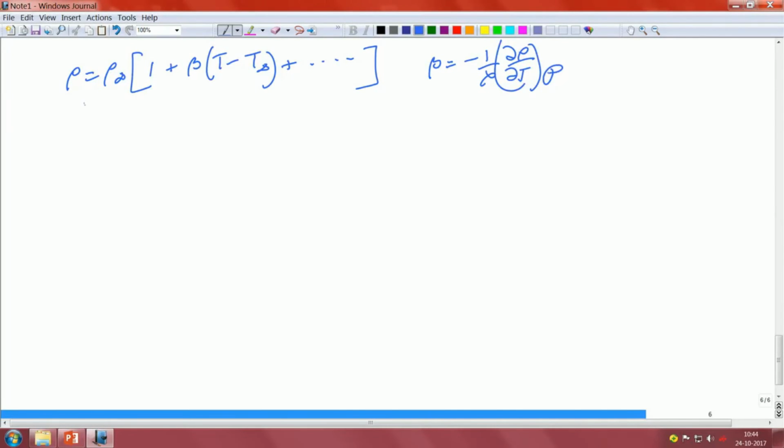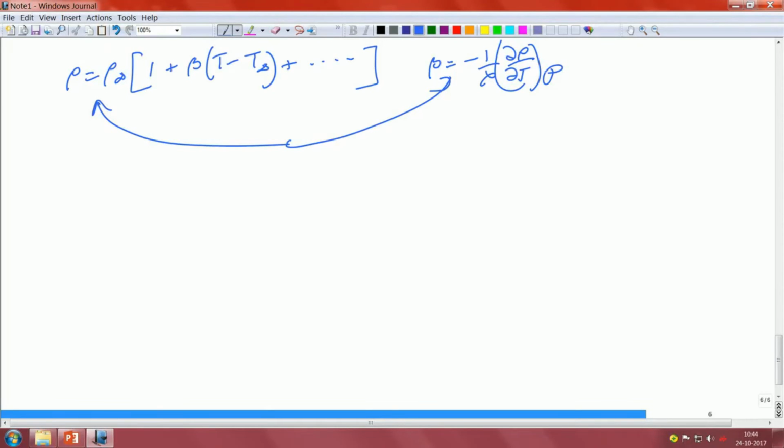Combining these two expressions, this tells you that beta is basically a linear slope. That means, you take rho minus rho infinity divided by T minus T infinity, you get beta. So, it is like a linear interpolation of the whole thing. You are not taking into account any second order curvature effects, the square terms that we have over here.